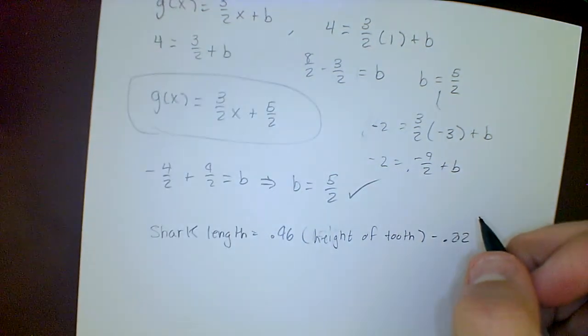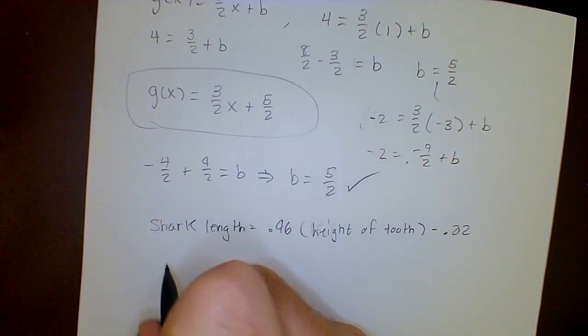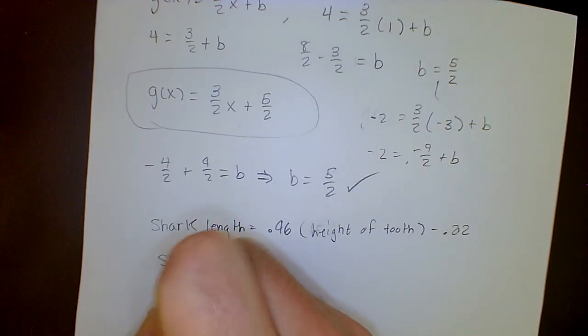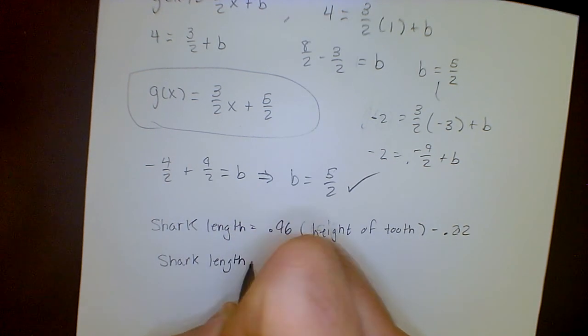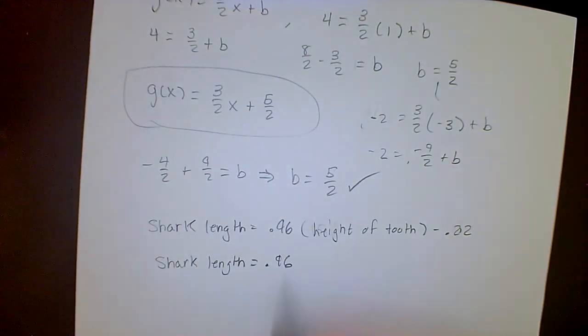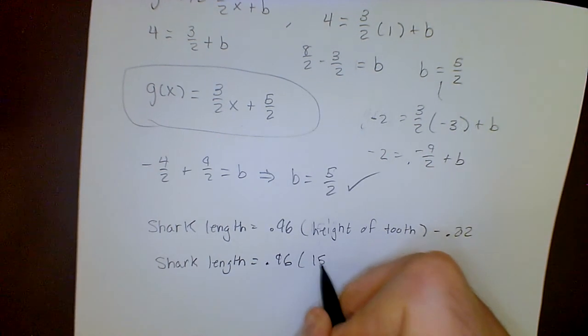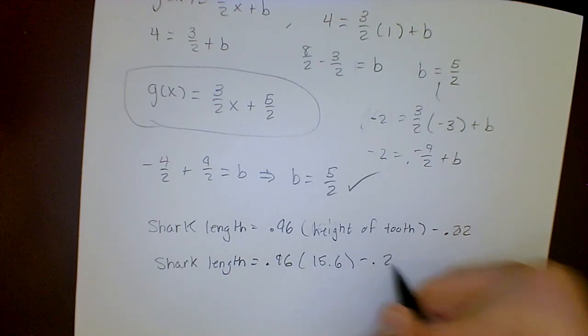So this is shark length, what we're looking for, equals 0.96, and now we can plug in our tooth height, so 15.6, minus 0.22.